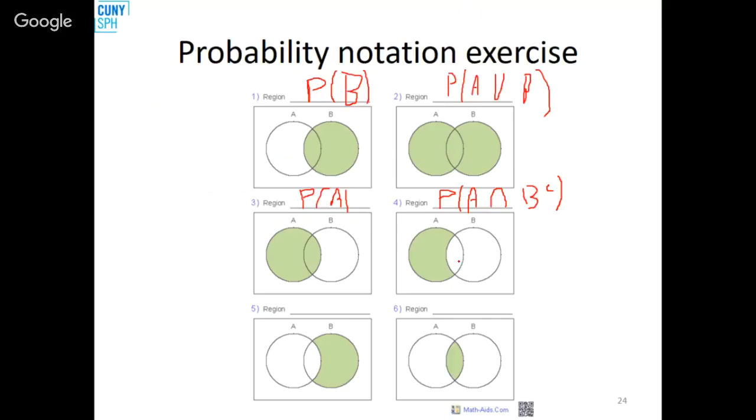I'm not going to do conditionals in the Venn diagram. It's just intersections and unions.